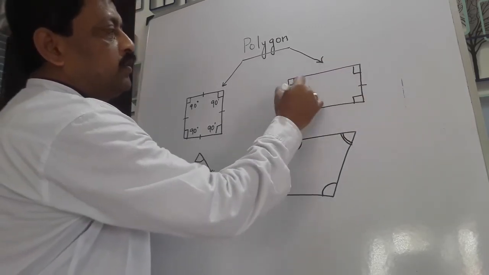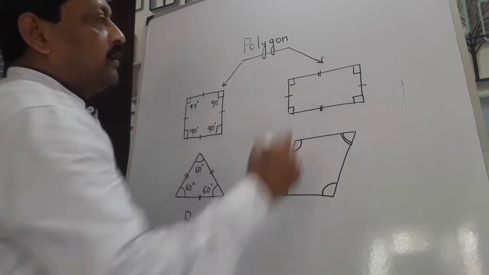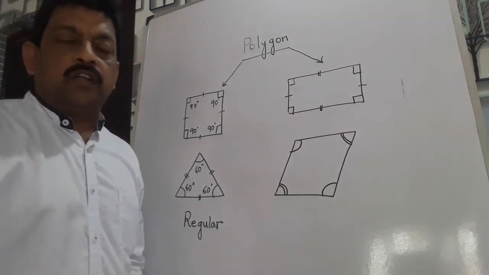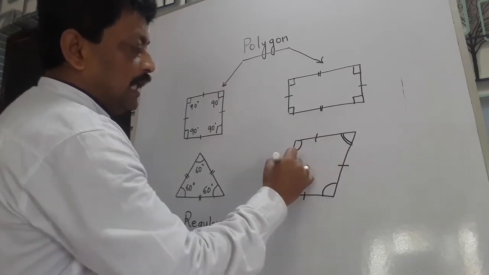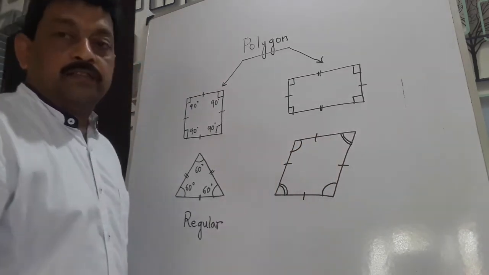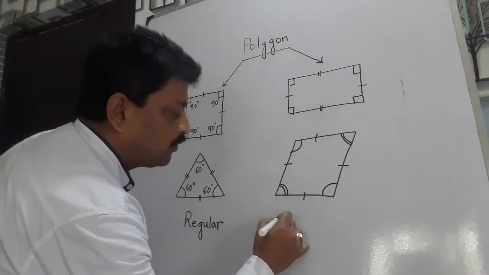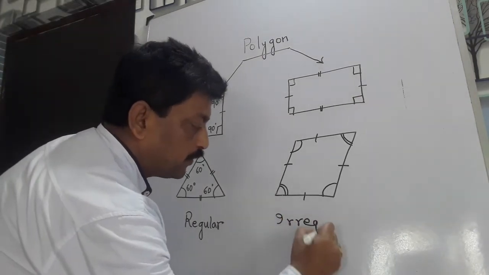The opposite sides are equal, but the adjacent sides are not equal. Similarly, in case of a rhombus, all the four sides are equal, but the adjacent angles are not equal. So they are known as irregular polygons.